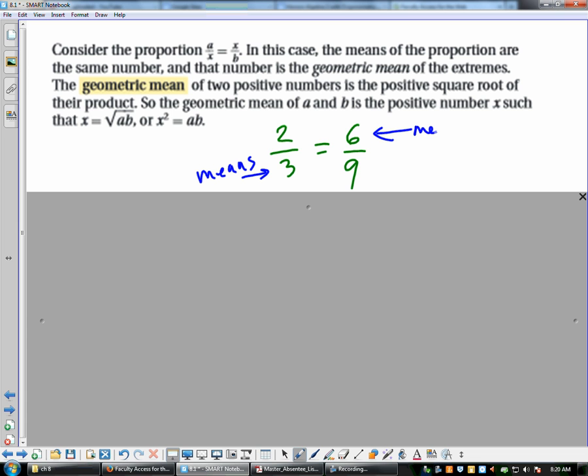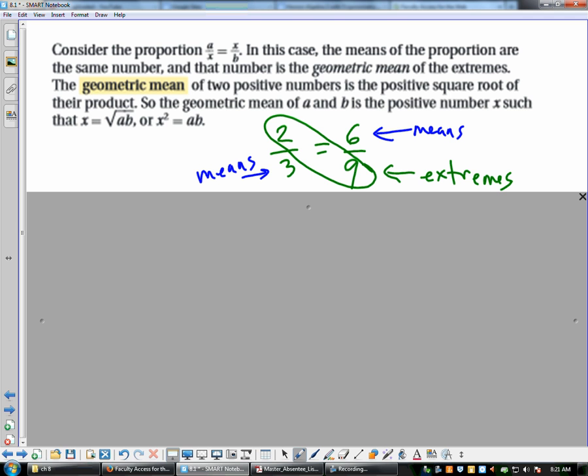Those are the two means. And these numbers here, the 2 and the 9, would be called the extremes. Have you ever heard that before? No? Okay. So you've been using proportions for many years, but maybe you didn't know that there were actual terms associated with the pieces of the proportion.